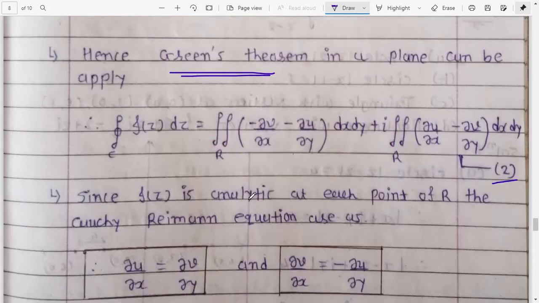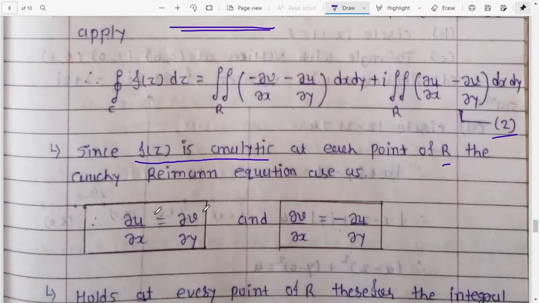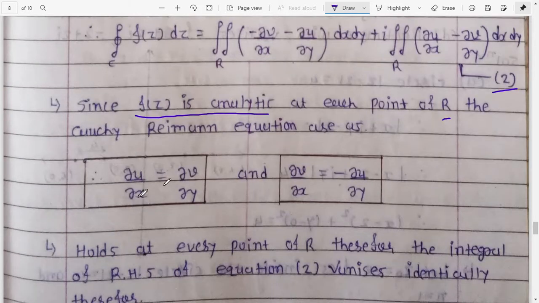Since f of z is analytic at every point of the region, the Cauchy-Riemann equations are del u by del x is equal to del v by del y, and del v by del x is equal to minus del u by del y.